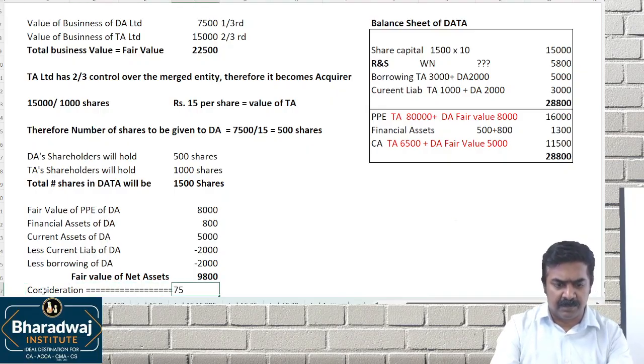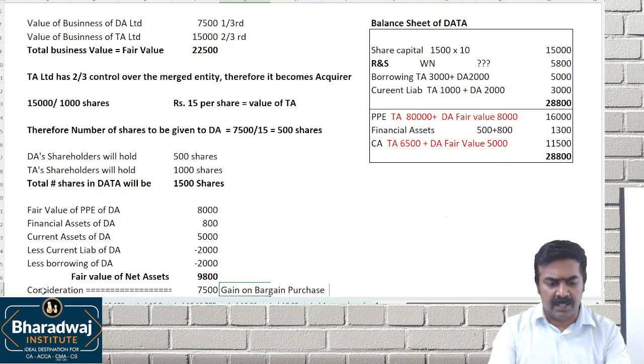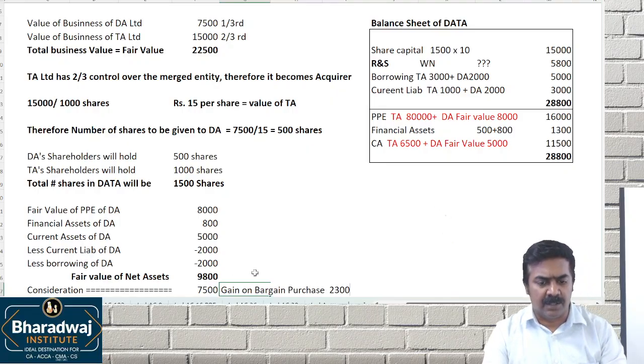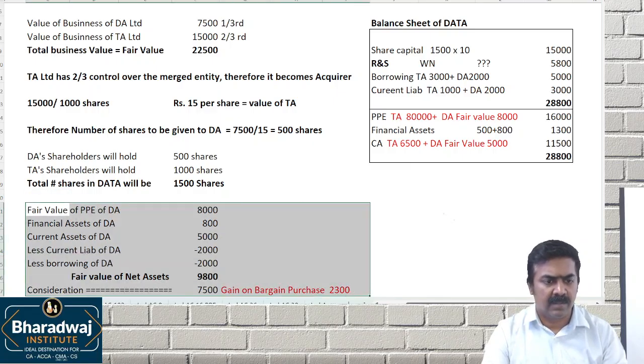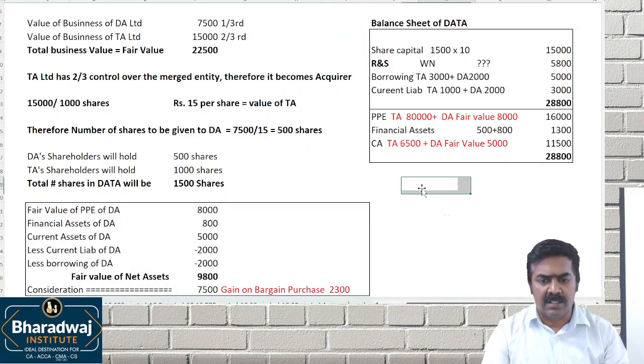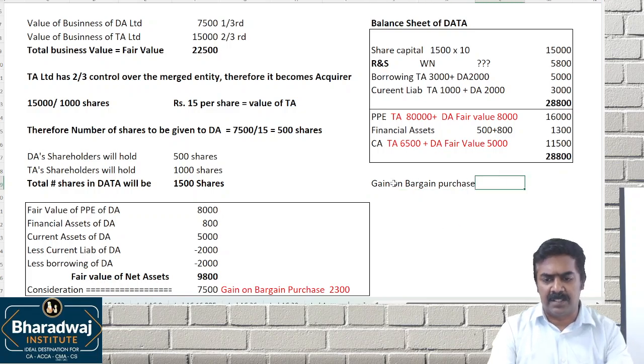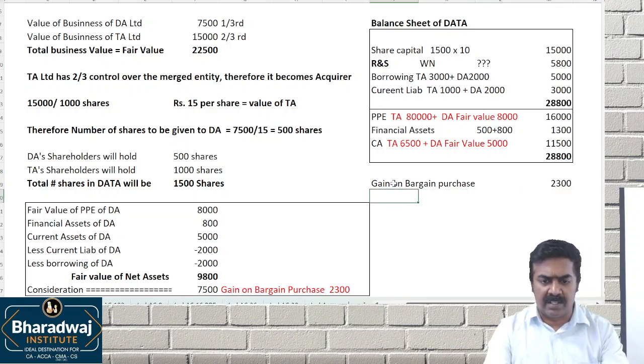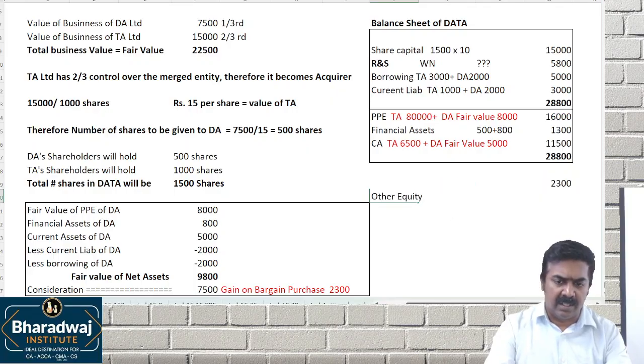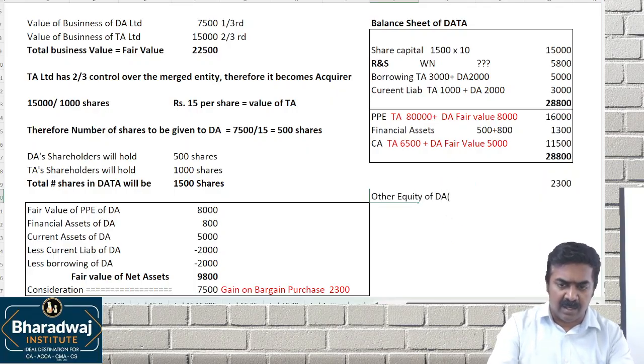We have paid only 7,500. So it becomes gain on bargain purchase. What is the gain on bargain purchase? 2,300. We have worked out the gain on bargain purchase. What is it? 2,300.